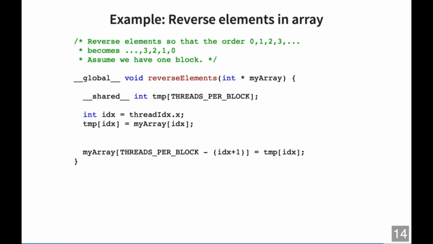So if we look at this, we've declared our thread index to be index, and we are saying we're going to move the contents of my array into this temporary array, and then we copy them back in the reverse order at the end.